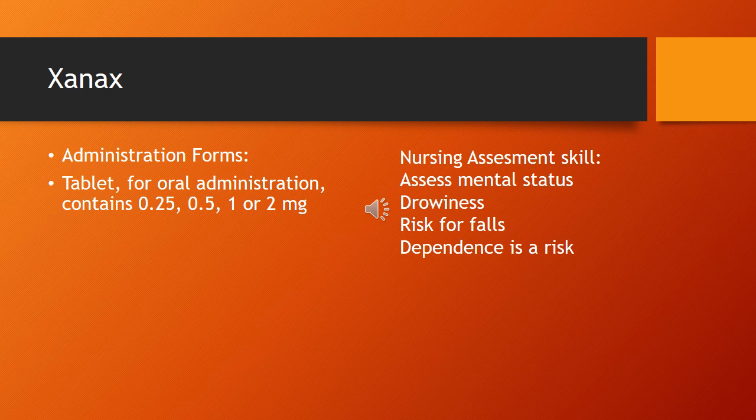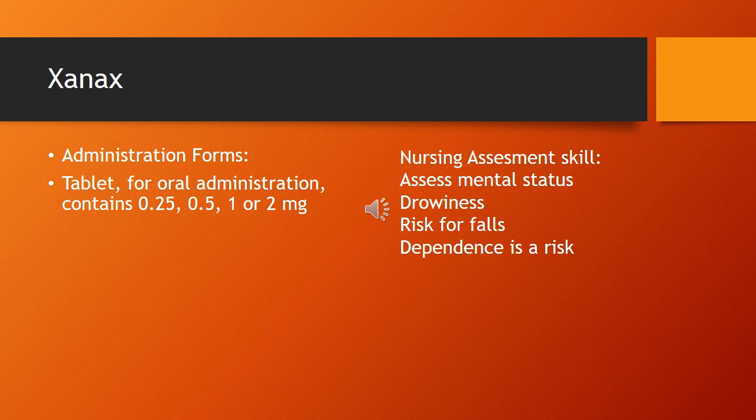Xanax is administered in tablets for oral administration, in 0.25, 0.5, 1 or 2 milligram dosages. So the nursing assessment for patients utilizing Xanax: assess their mental status, if there's any changes one way or the other, and check for drowsiness.